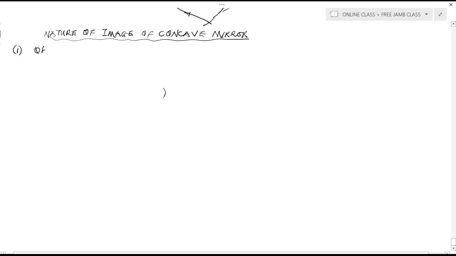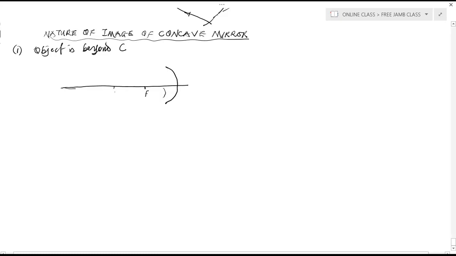Number 1, if the object is beyond C, that is, you have F here. Let me use focal length now.